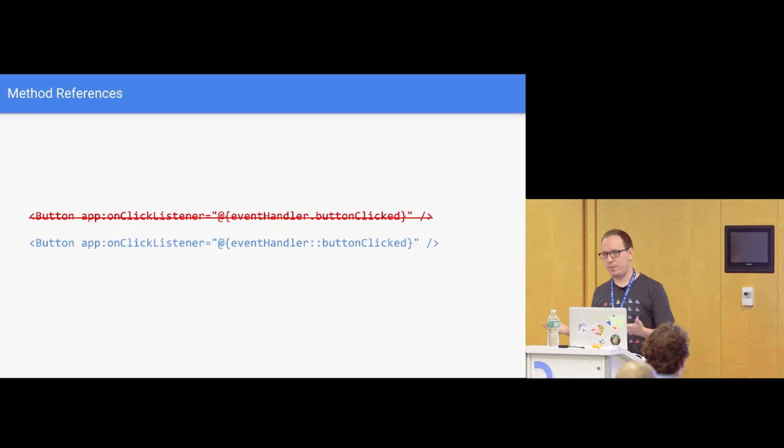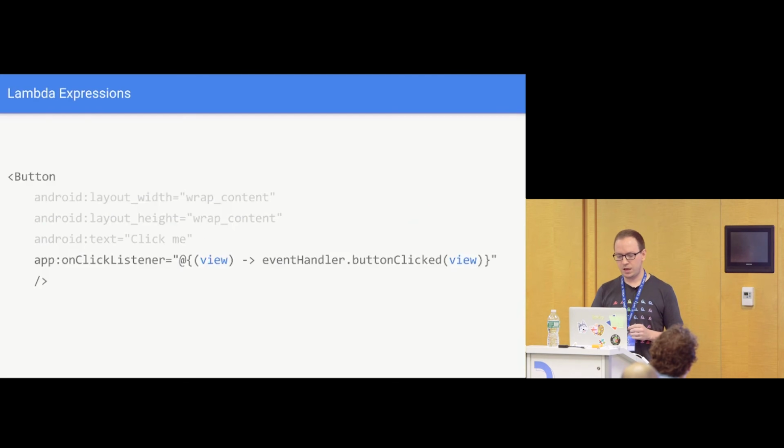But it doesn't have any parameters, so it's ambiguous and not clear, and it caused a lot of confusion. So they decided that it would be more concise and clear to deprecate that, and instead, if you want to refer to a method directly, use a method reference, because the implication there is that it's going to require that view parameter. If you've worked with Java 8 method references, it makes perfect sense.